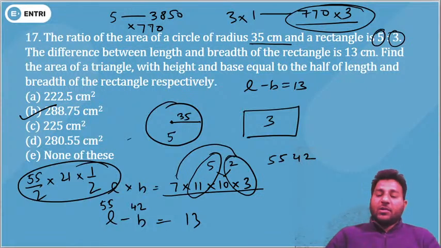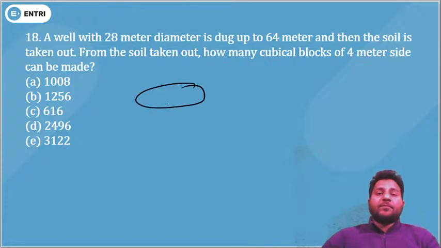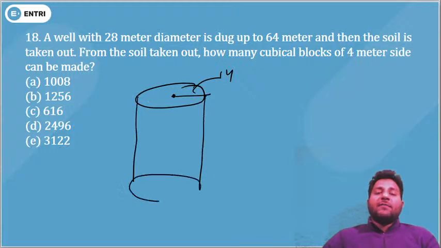Okay, good. Next, a well with 28-meter diameter, which means the radius will be 14, is dug up to 64-meter depth, which means we have dug it 64 meters, and then the soil is taken out.